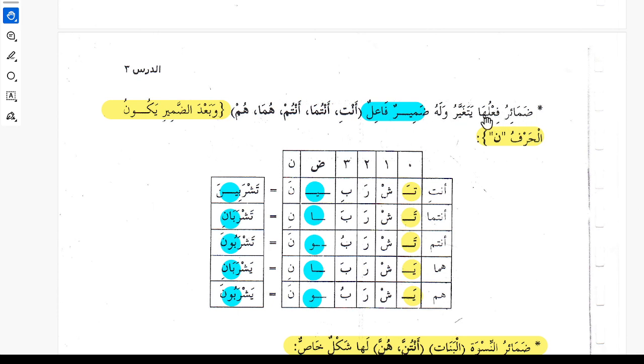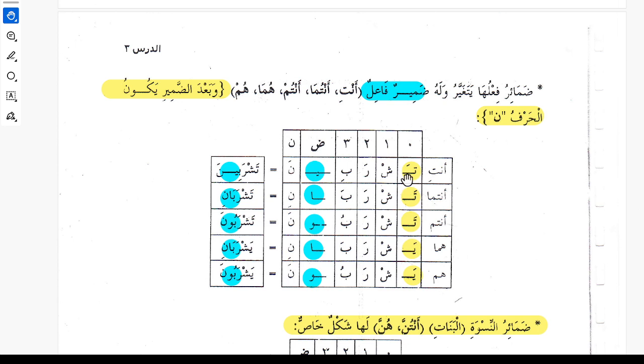The pronouns whose verbs change and have the damirul file are anti, antuma, antum, huma, hum. So for those pronouns, wa ba'da damiri yakunu noon, the noon is added. So for example, anti tashrabi, the pronoun is ya, and then noon is added, so it changes to tashrabina.